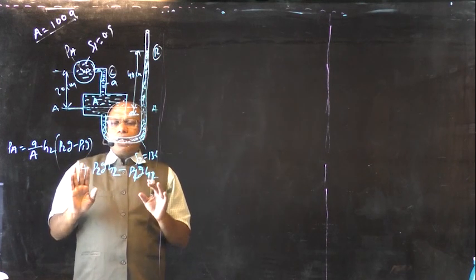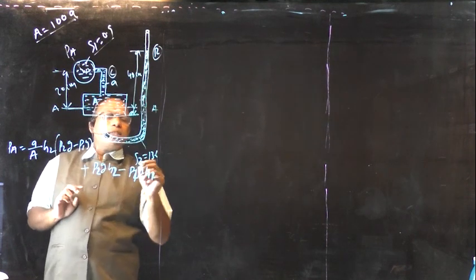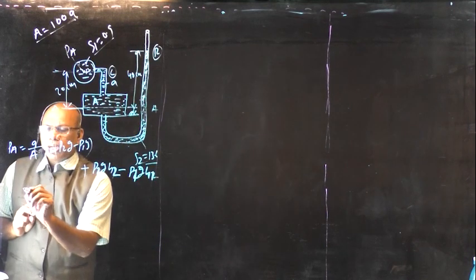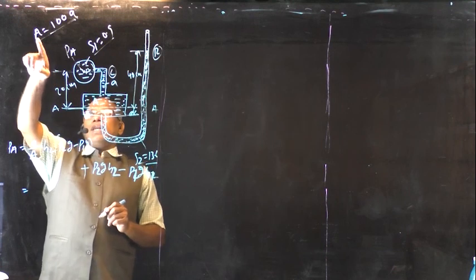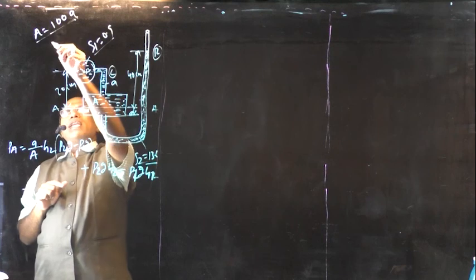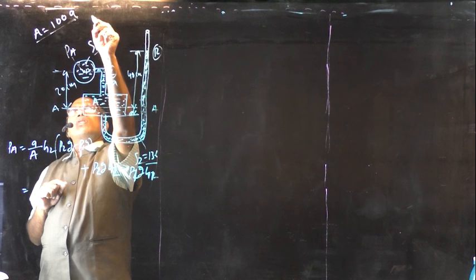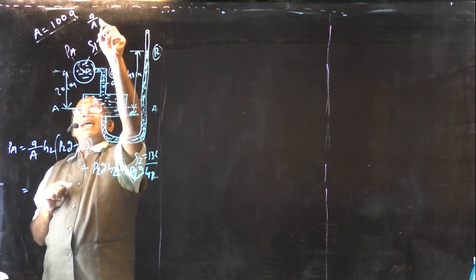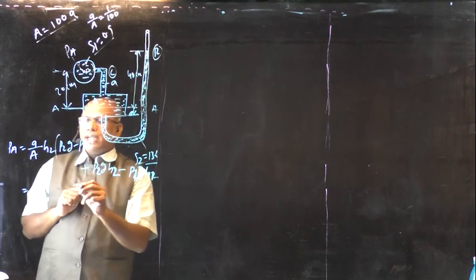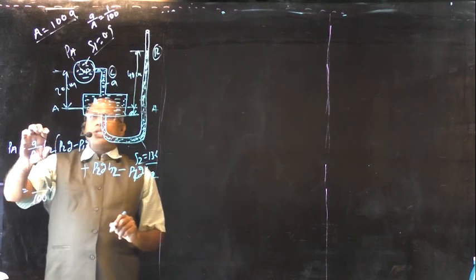Here all values are known to us. The specific gravity of the flowing liquid is 0.9. The specific gravity of the mercury is 13.6. Now the relation between capital A and small a is that capital A is 100 times small a. Therefore, small a by capital A is equal to 1 by 100, into H2.